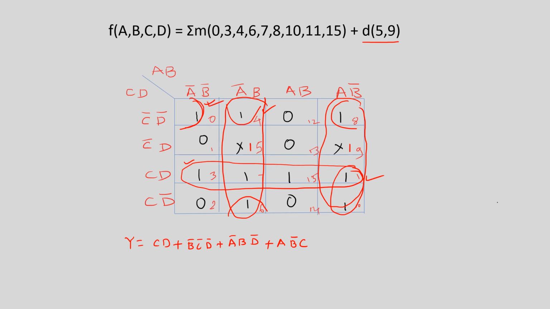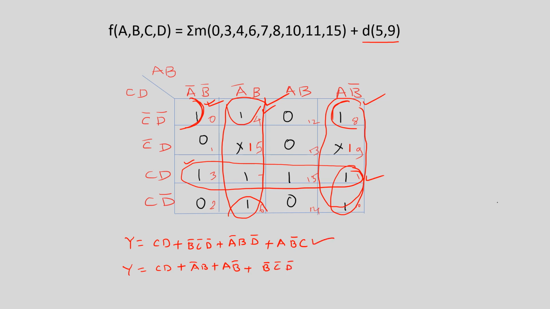So the answer after using don't care would be: this CD as it is, plus the answer for this quad is A bar B, the answer for this quad is A B bar, and the answer for this pair is as it is, that is B bar C bar D bar.